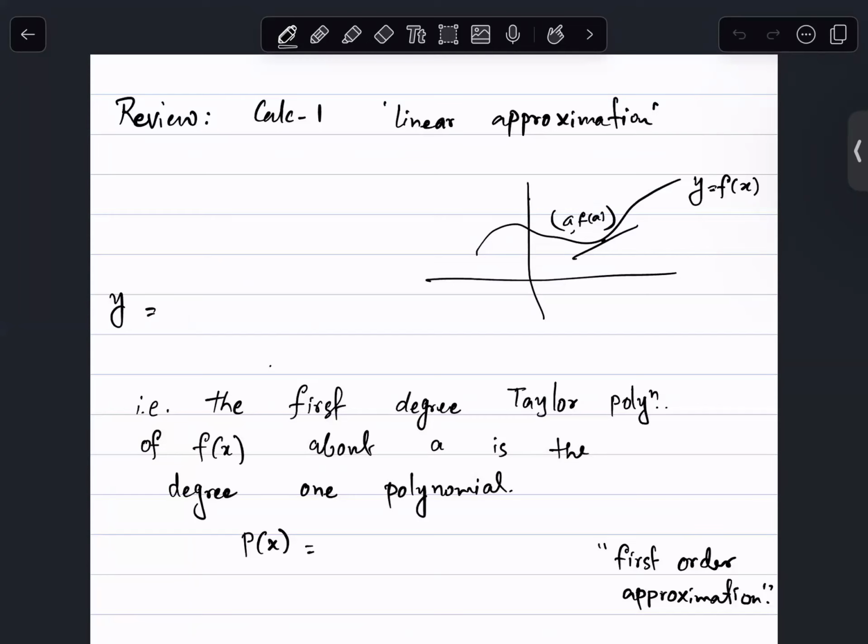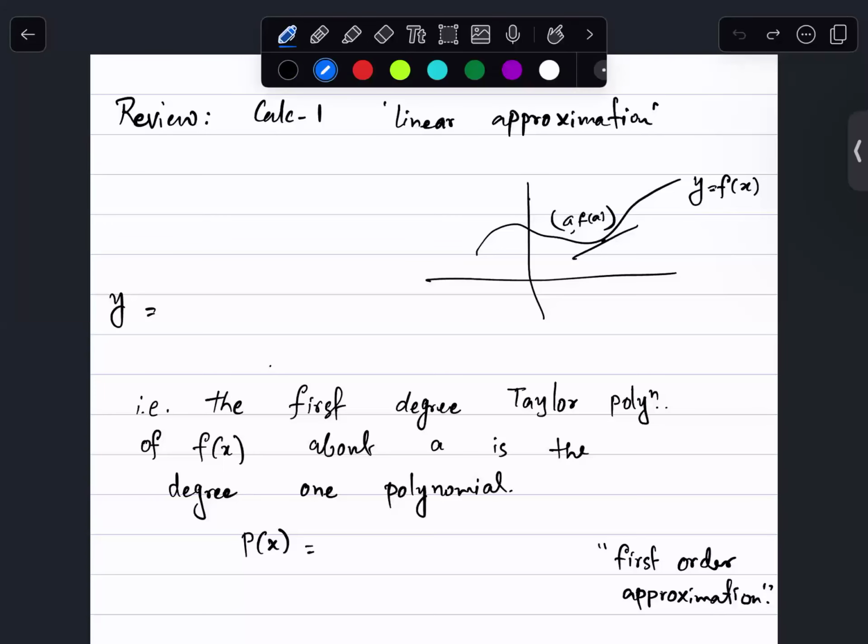f(x). And let me just use some different color. So this is the function f(x), y is equal to f(x).